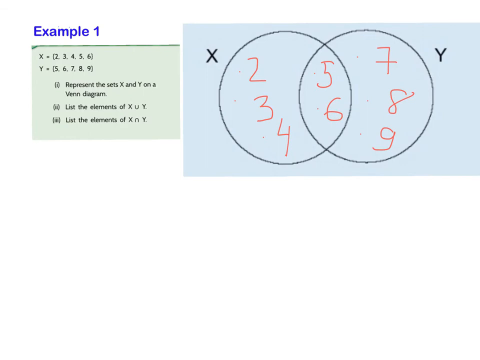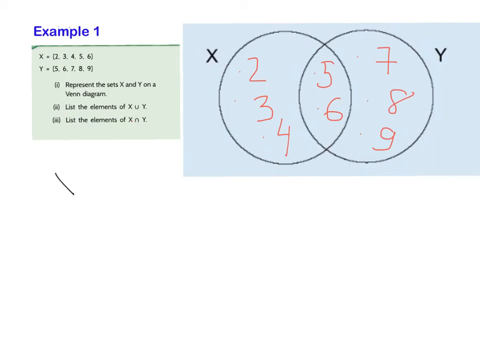The next thing to do is list the elements of X union Y. This is union, so as we know, union means everything in X and everything in Y. As we know, union is also a set.